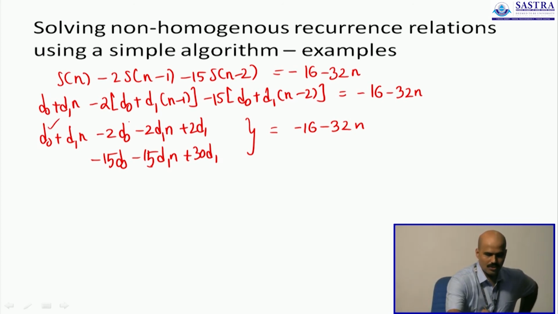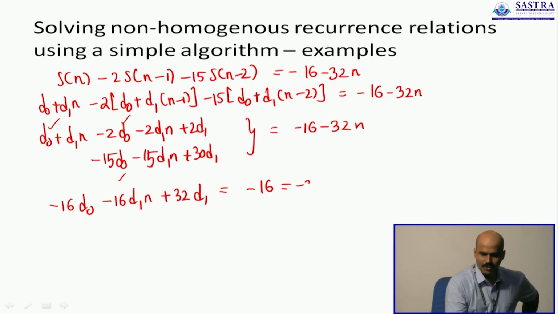D naught is a constant, d naught is a constant again, d naught is a constant, that is minus 17 plus 1 minus 16 d naught minus 16 d1 n plus 32 d1, giving us minus 16 and minus 32n. So, let us equate the like terms. Minus 16 d1 n is minus 32 n, or d1 has got to be 2.